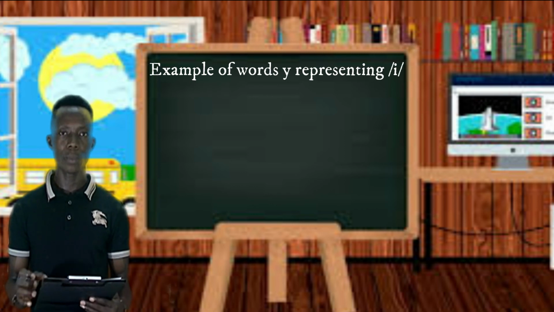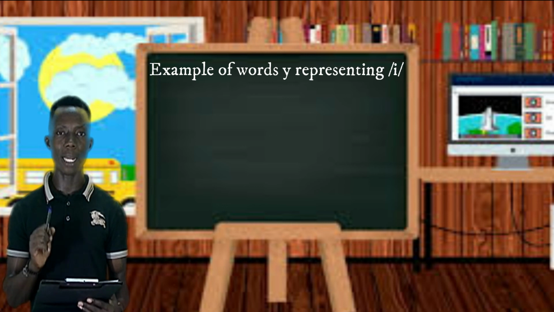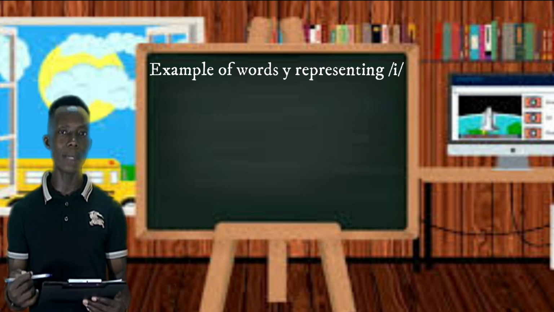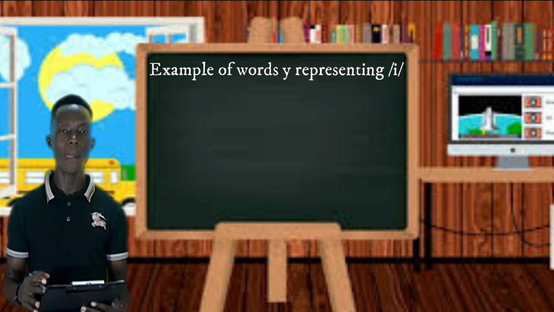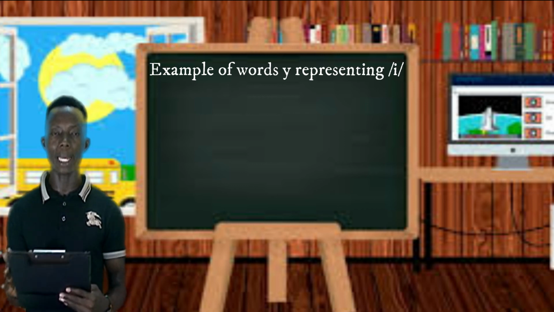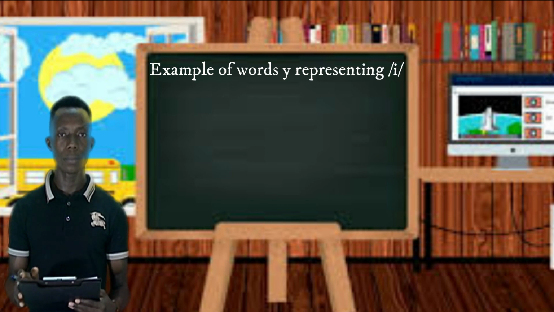And since I is a vowel letter, you can represent it with Y because it is making the same sound. So you can represent the letter Y as a vowel in some words.